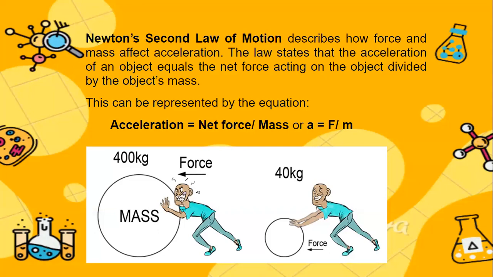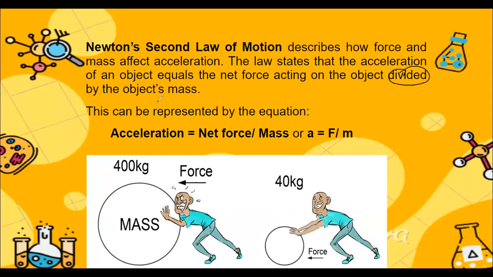It states that the acceleration of an object equals the net force acting on the object divided by the object's mass. It is represented by this formula: acceleration equals net force divided by mass, or A equals F over M.